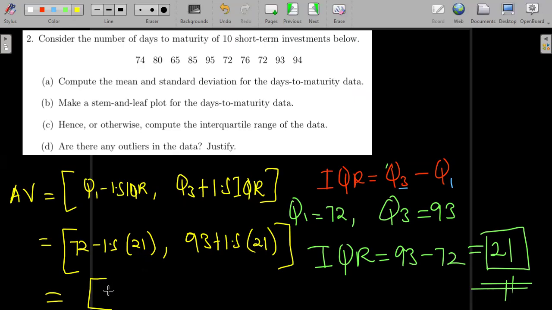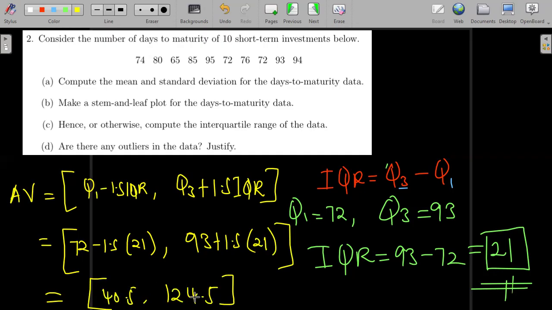I'm getting 40.5, comma, and then up there, it's 93 plus 1.5 multiplied by 21. So I'm getting 124.5. So this is the range of accepted values.